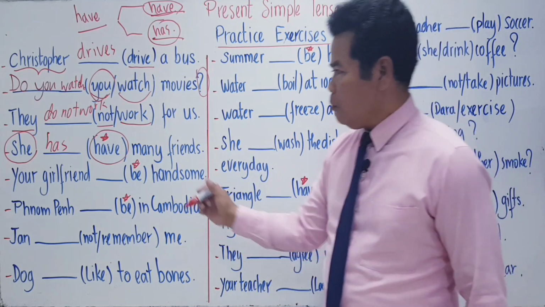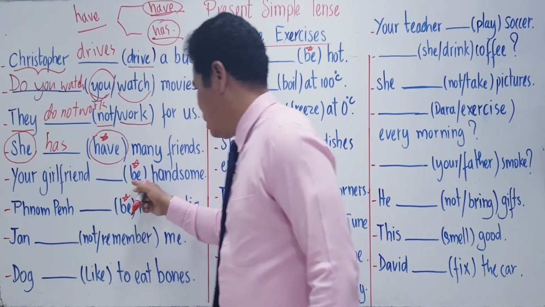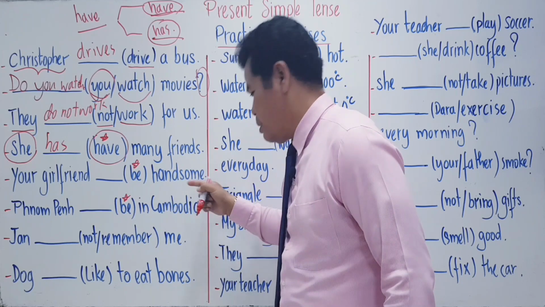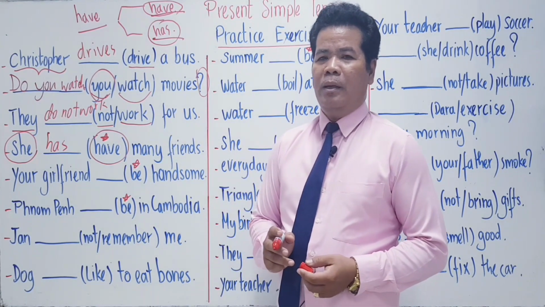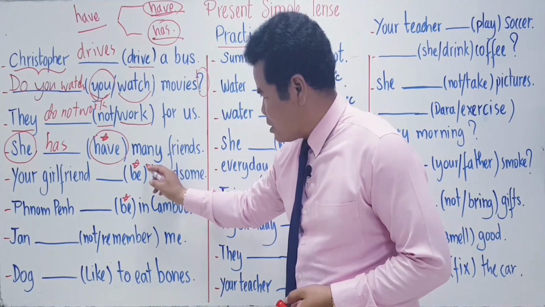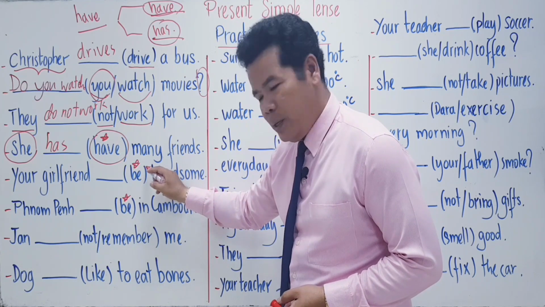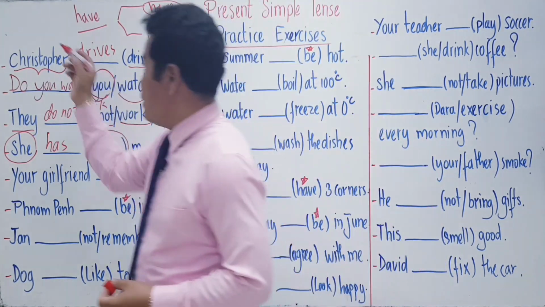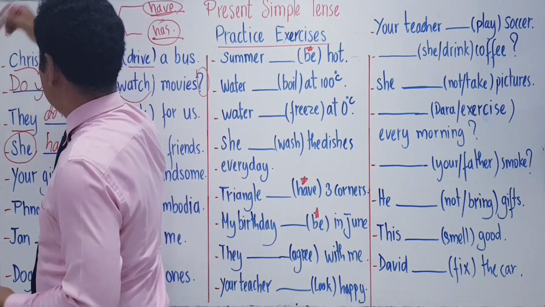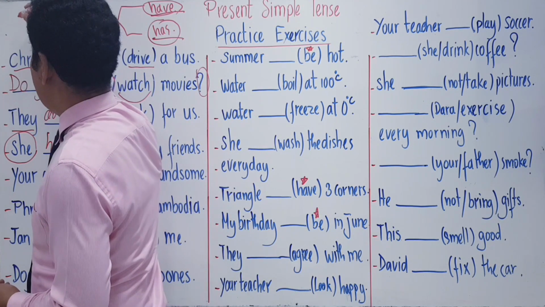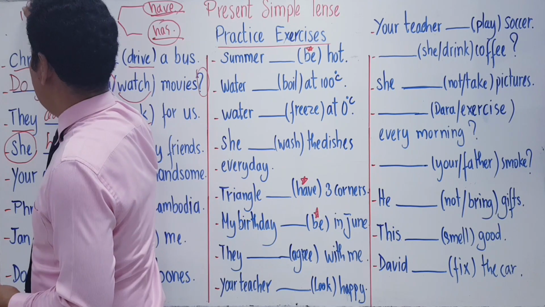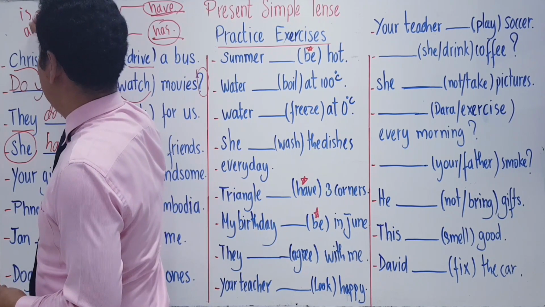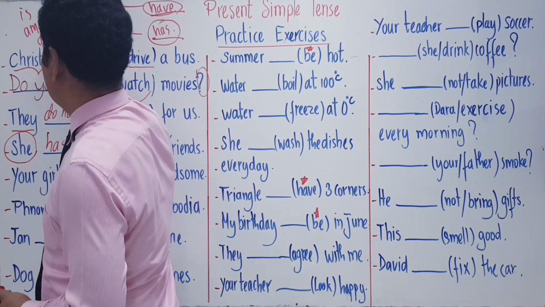Look at another one. Your friend B and then handsome. Also look at the star point. Okay? Be is the verb. You go to another verb, present simple: is, am, and are.